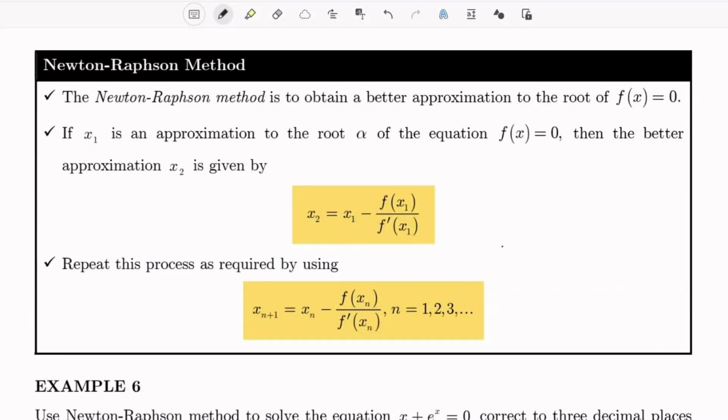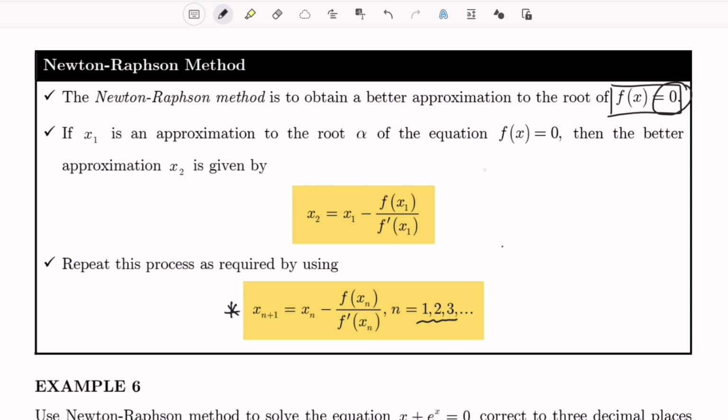Now, Newton-Raphson method. First of all, you need to make sure your f(x) is equal to 0. So the right side must be equal to 0. The formula for Newton-Raphson is x(n+1) equal to x(n) minus f of x(n) over f prime of x(n), where n starts with 1, 2, and 3.